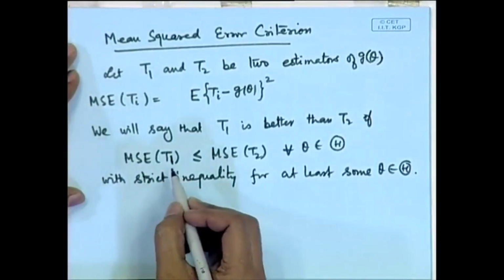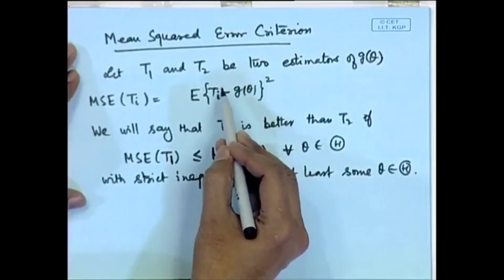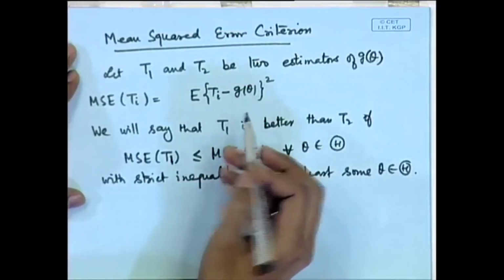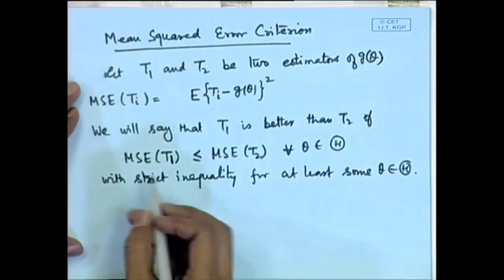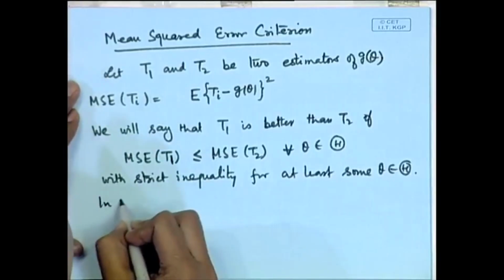Now, if the estimators are unbiased, suppose Ti is unbiased for g(theta), then this reduces to the variance of Ti.